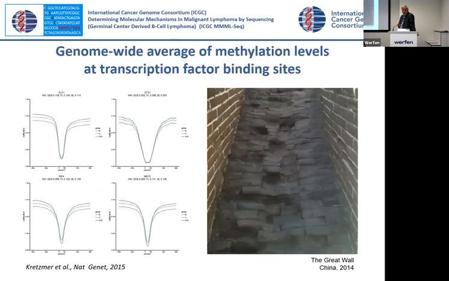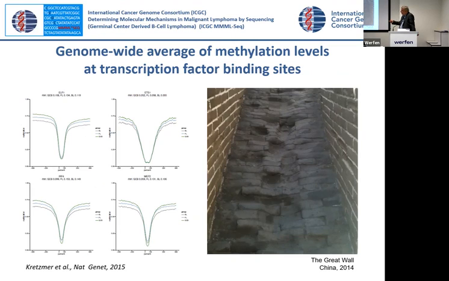Another site which is of interest are what I call the footprints of transcription factors. This is the DNA methylation again from 0 to 100% across transcription factor binding sites across whole genomes. Behind this are about 20 genomes and all binding sites of this given transcription factor.